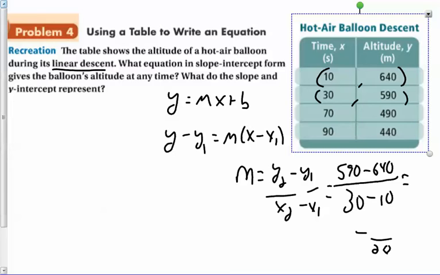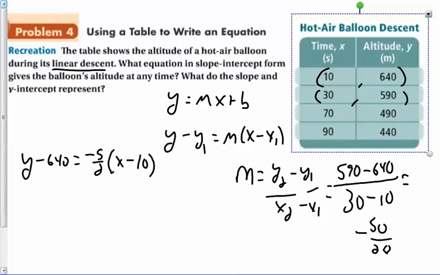All right, so that comes out to be negative 50 over 20. So I'm going to change that to negative 5 over 2. And I'm going to pick a point. How about y minus 640 equals negative 5 over 2 times x minus 10.